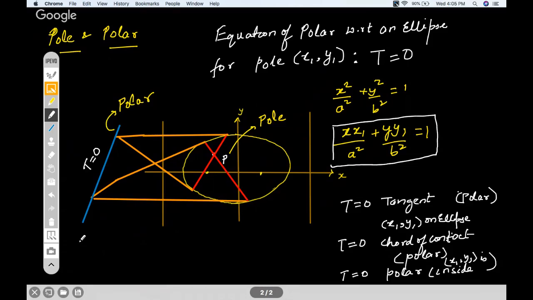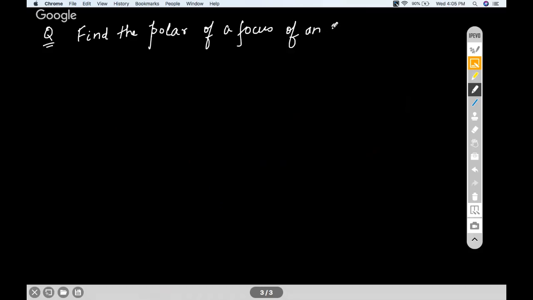So let us take some questions based on pole and polar. First question is, find the polar of a focus of an ellipse.